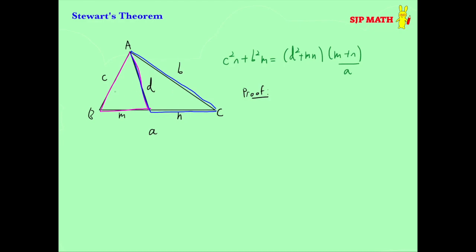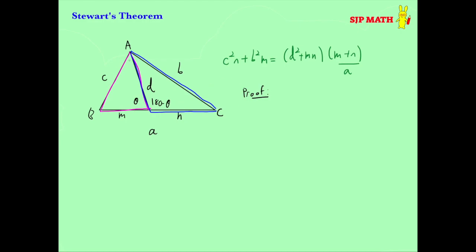We're going to look at these triangles separately, and we say this angle is theta. Then this angle would obviously be 180 minus theta. So we label one angle and get as much information as we can.